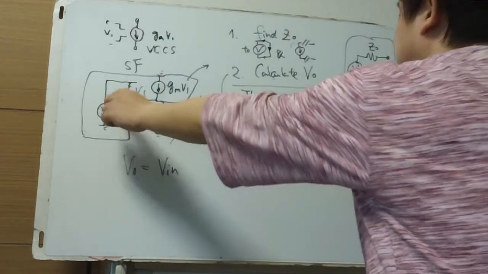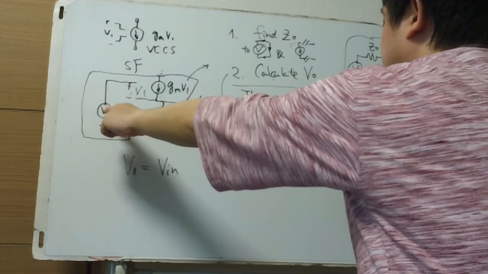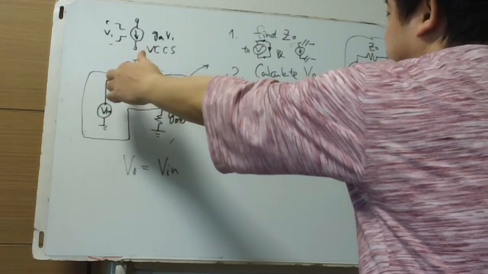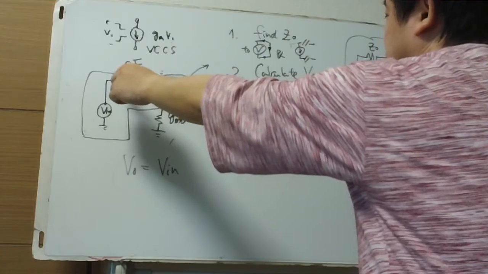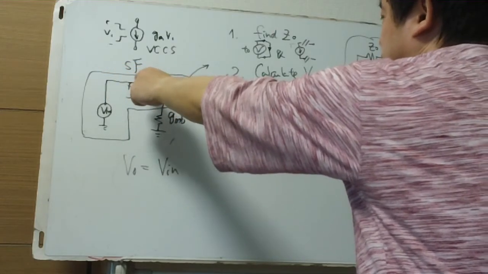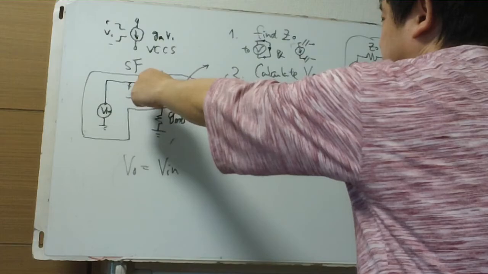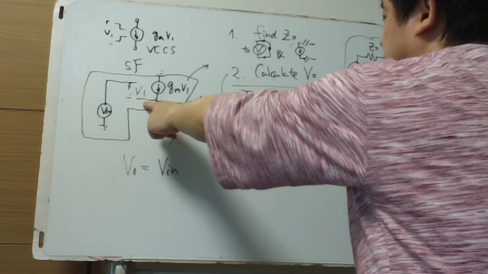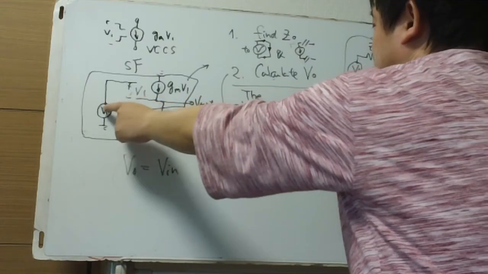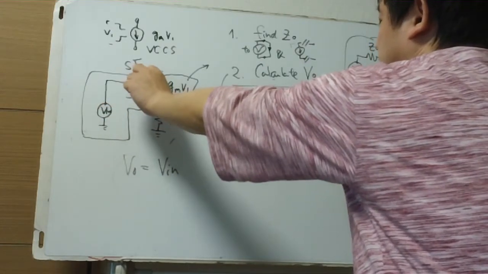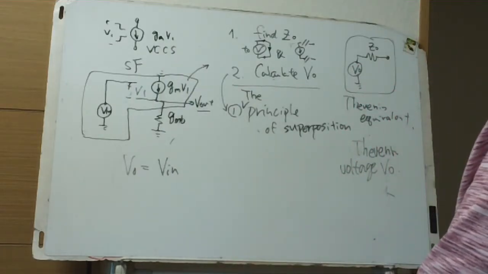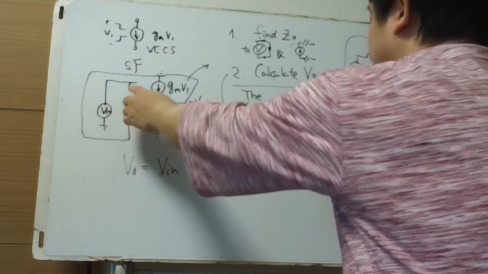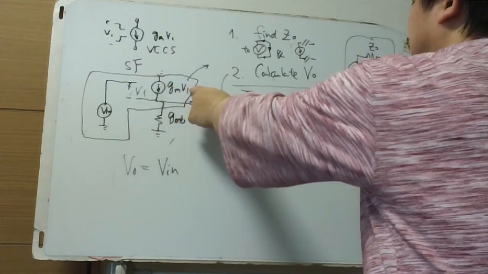And V in shortened means the fluctuation of V in disappears, so this point voltage or this potential never changes, because this can be moved because of this. So this V1 is in an AC sense 0. So this is shorted and this is 0, and so the GMB times V1 equals 0.